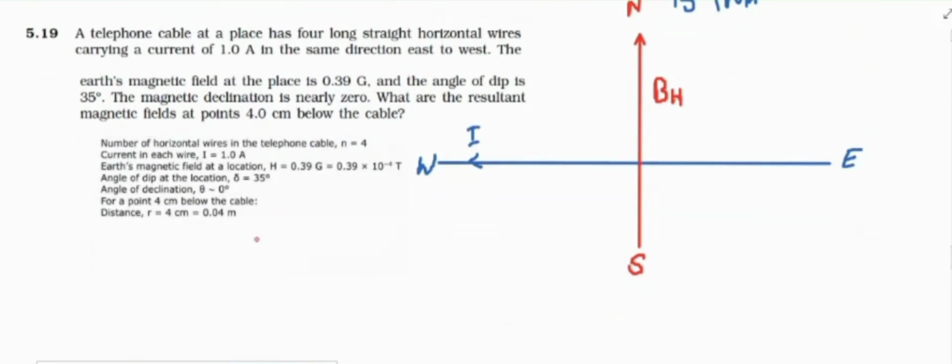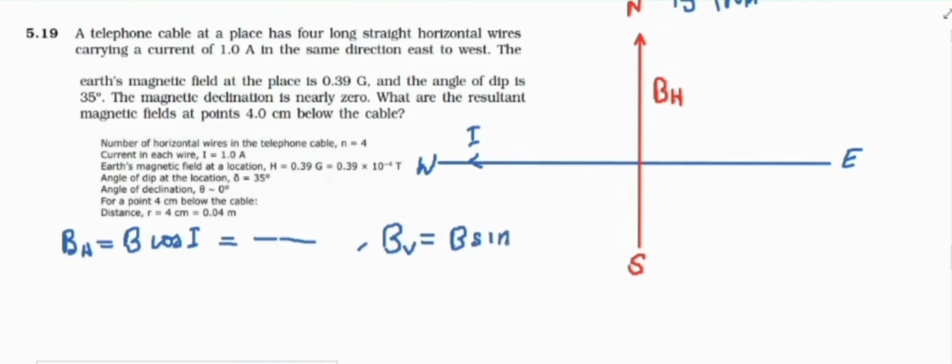Now here, first, the total magnetic field is given. You have to find the value of BH. BH is equal to B cos I, and BV also you have to find out. BV is equal to B sin I. So find the values of BH and BV.